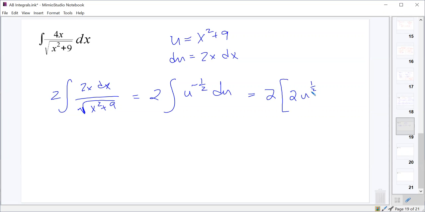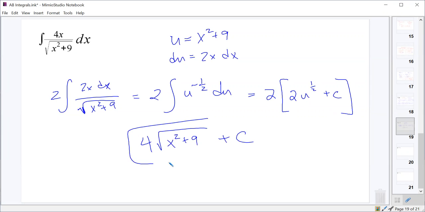Should be 2u to the positive 1/2 plus our constant. And so we end up with 4 square root of u plus c. Good or no? Good. All right.